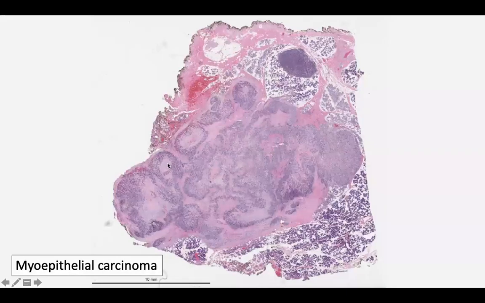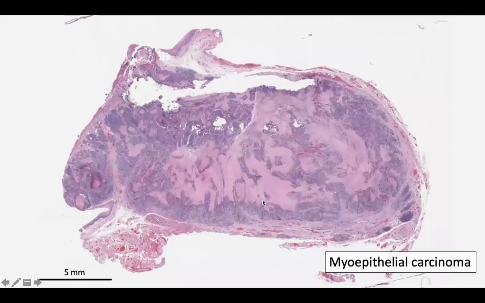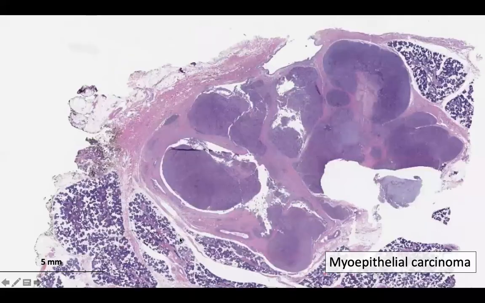All right, so just some more examples so you can get a sense for this zonal distribution that we saw. Look, it's infiltrating, but it's more pushing. It's not completely highly infiltrative, but look at this zonal distribution of cells with the cells surrounding this hyalinized type stroma. Again, similar thing, we have this hyalinized stuff here and then a zonal distribution of cells around them, with this more pushing kind of infiltration.